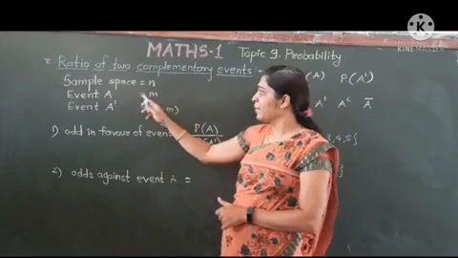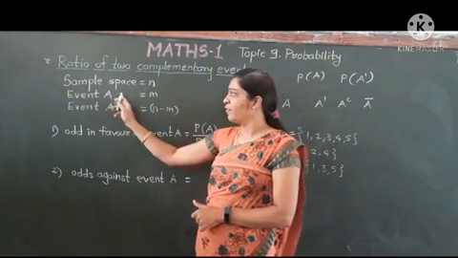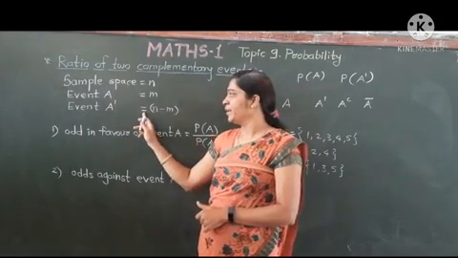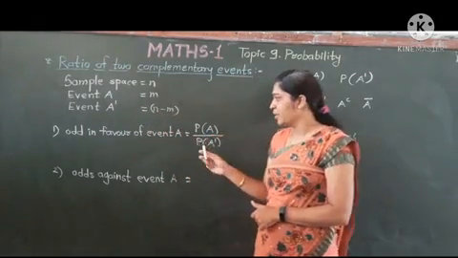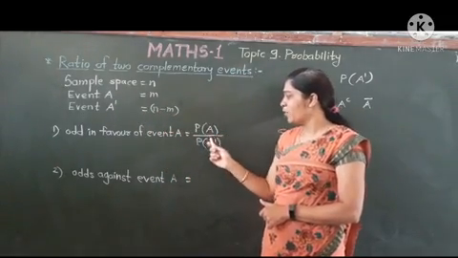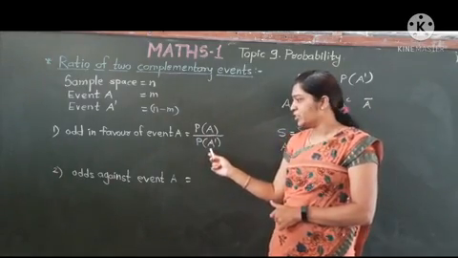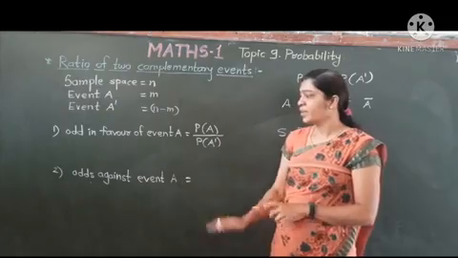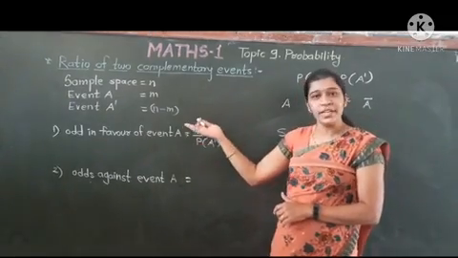See, what did we call A? Favorable event for A, and for A complement it means n minus n. So here the definition becomes P of A upon P of A dash. And here see, odds against event A. Against means the exact opposite.